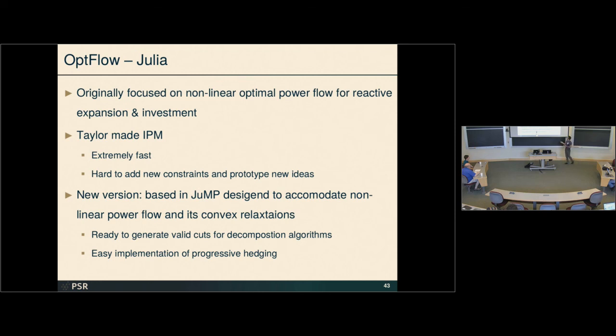But doing that in the new version in Julia, you can not only use the convex approximation models to generate valid cuts for decomposition algorithms, which is something we like, but also implement new strategies like progressive hedging, as I talked about earlier in the talk.